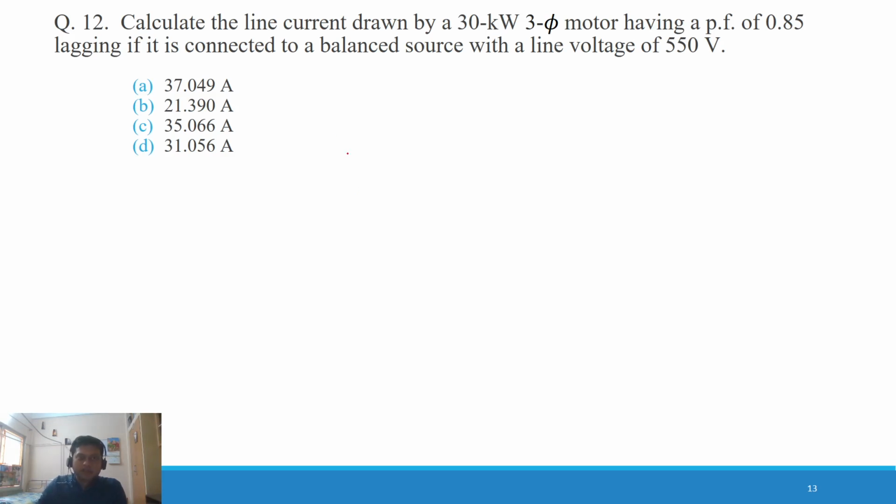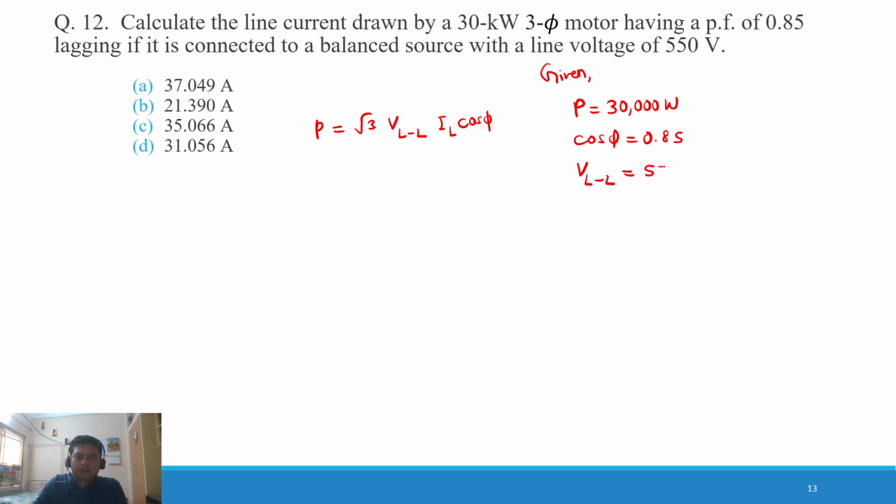So again we will use the same formula, root 3 times VLL IL cos phi, and here the given values are power 30,000 watt, power factor cos phi given as 0.85, line to line voltage given as 550 volt.